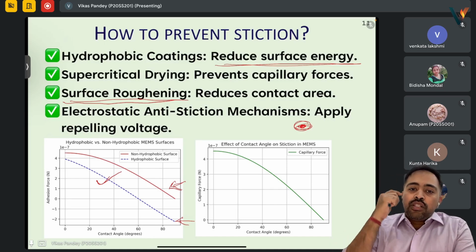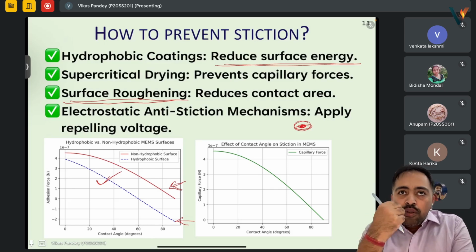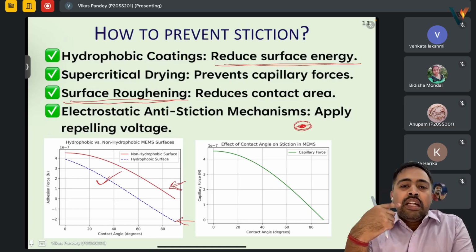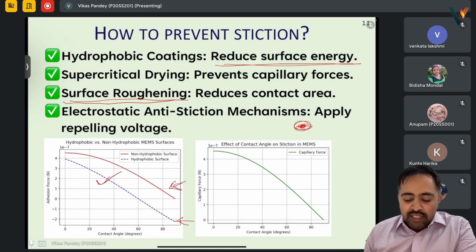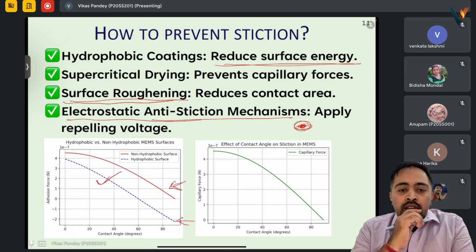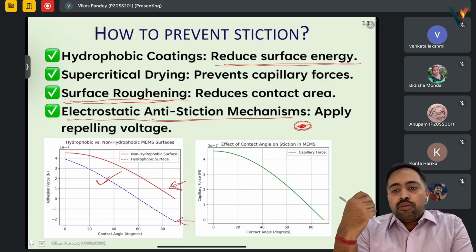Instead of using the voltage to pull it, you push it. Put a negative voltage, electrostatic anti-stiction, a repelling voltage that will move it in the opposite direction, and it will come out.